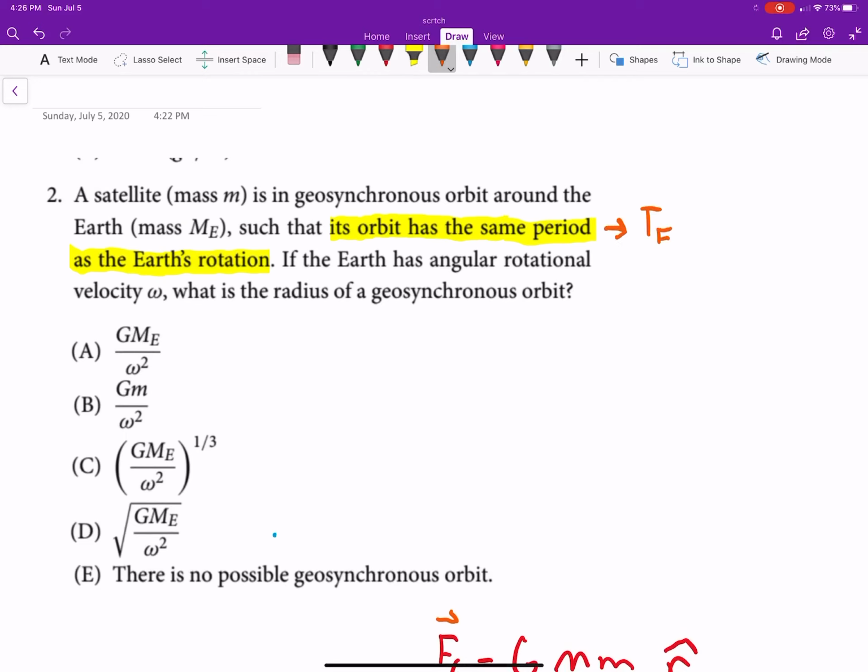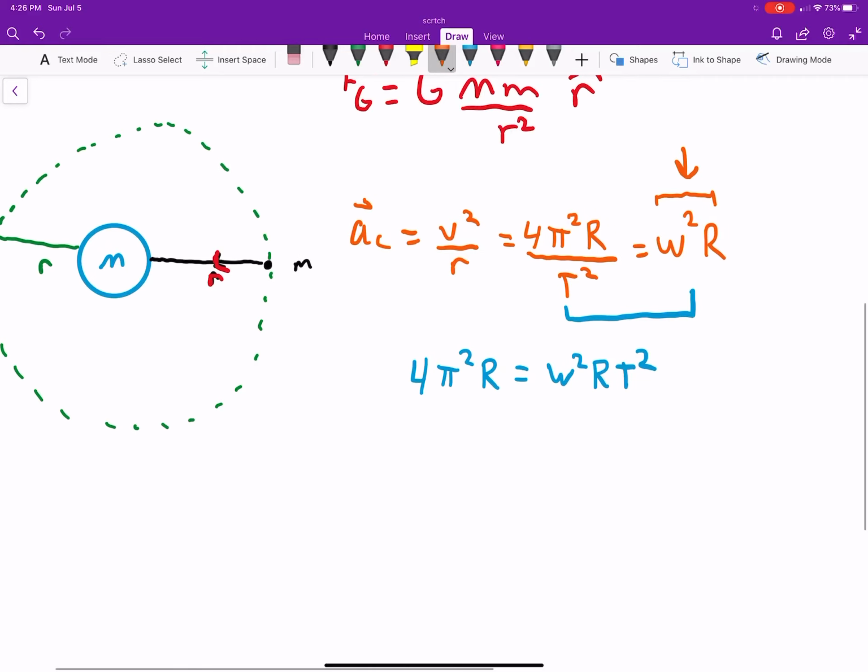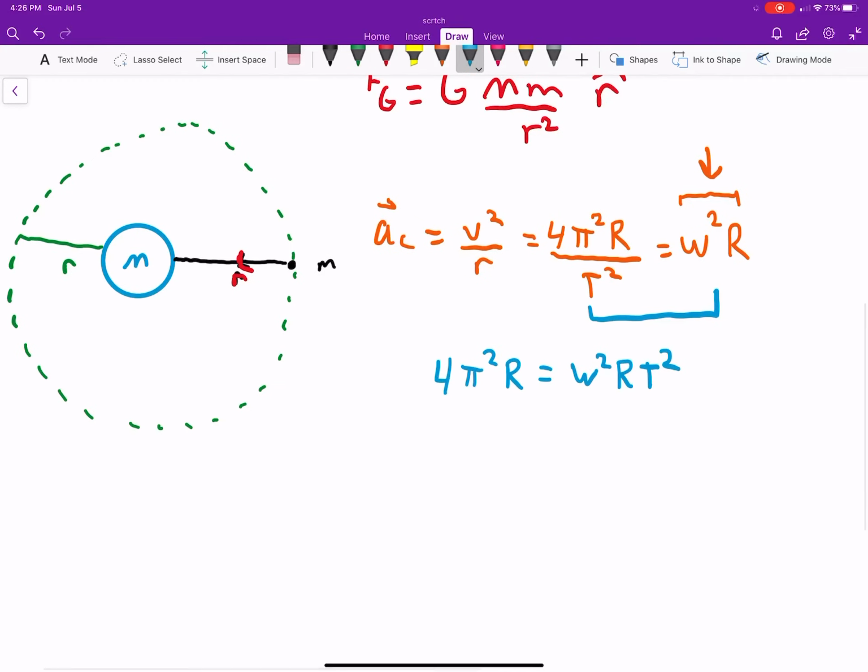So the period of the Earth is equal to the period of the satellite. Let's finish this off and solve for T. The r's drop, and then we divide by omega squared and take the square root. So the square root of 4 pi squared over omega squared is equal to T.